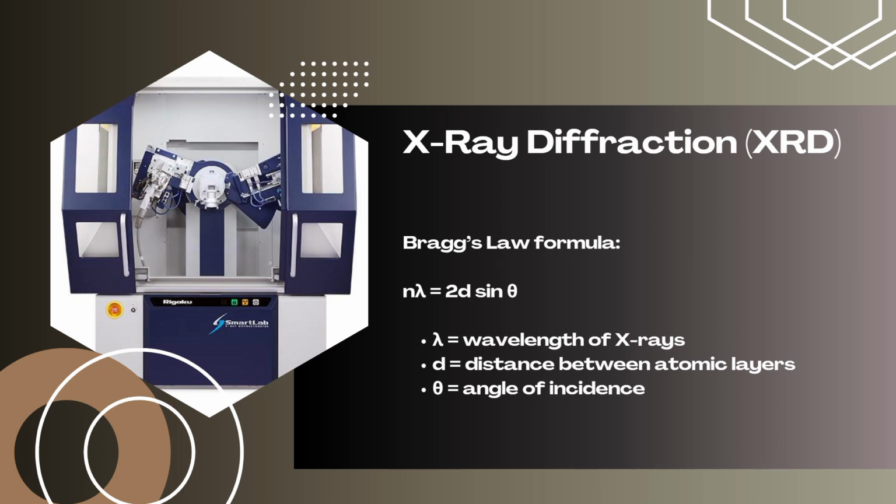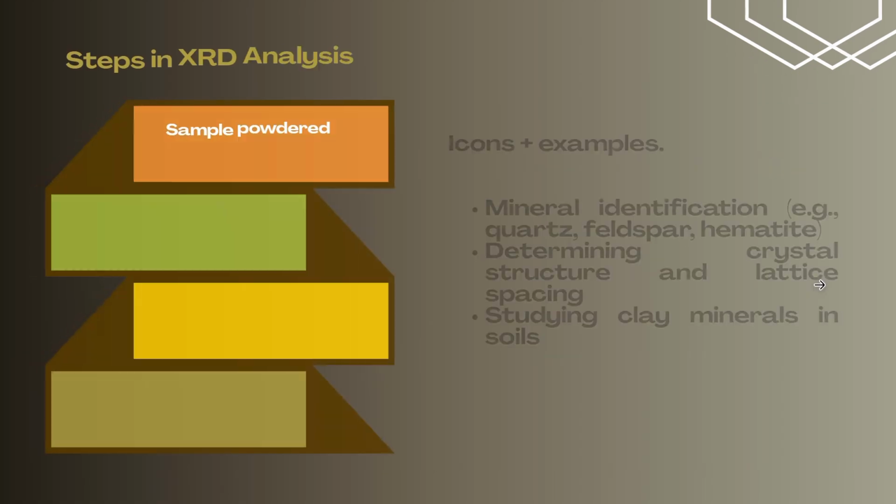Now, first is X-ray diffraction or XRD. The principle of XRD is based on Bragg's law. When X-rays strike a crystalline material, they are diffracted at specific angles. By measuring these diffraction patterns, we can identify the crystal structure of a mineral.